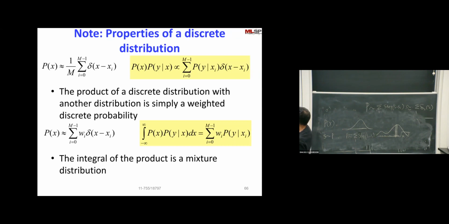So then when I look at it, the approximation now becomes the sum over all of the samples, 1 over M times the sum over all of the samples of P of Y given Xi. Observe that the left-hand side was P of X times P of Y given X, but because now we are only considering the samples that were drawn, that's going to be P of y given xi, where xi is the ith sample, times the delta at xi, summed over all of the samples. Does that make sense?